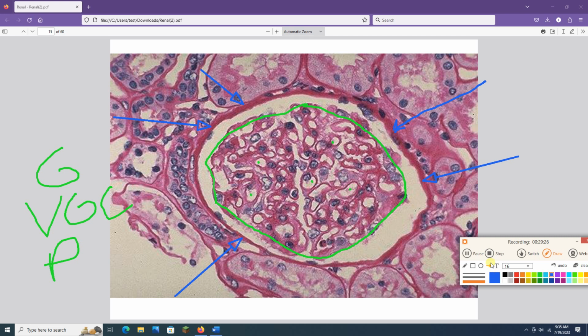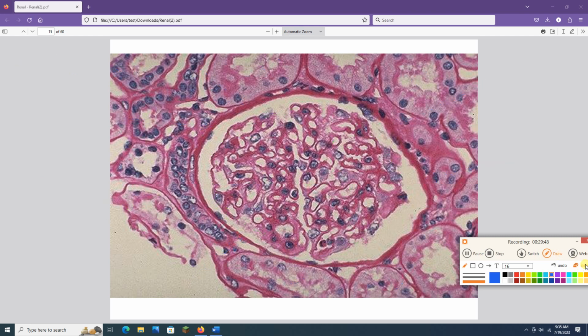And so that layer of simple squamous epithelium is actually my parietal glomerular capsule. And by the way, I do see a lot of tubes here as well. The majority of these tubes that I'm seeing here are my proximal convoluted tubules. Always cool to look at the real histology, in my opinion. You guys agree with me, I am sure.